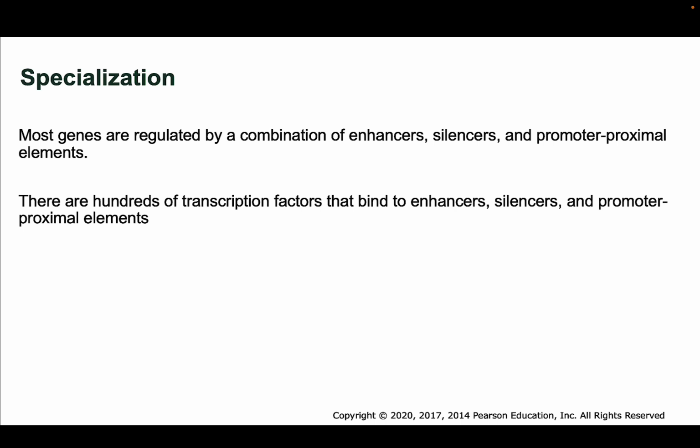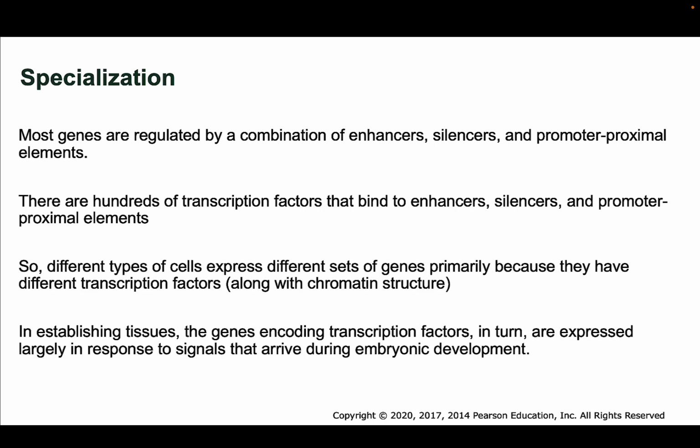Okay, so what's going on here is that the enhancers, silencers, and promoter proximal elements are helping cells specialize. Most genes are regulated by a combination of these sequences, and there are hundreds of transcription factors that bind to them. Different types of cells express different sets of genes primarily because they have different transcription factors, along with different chromatin structure.